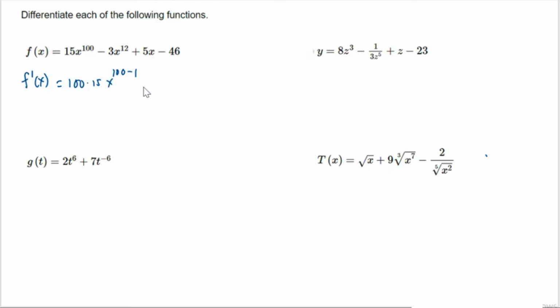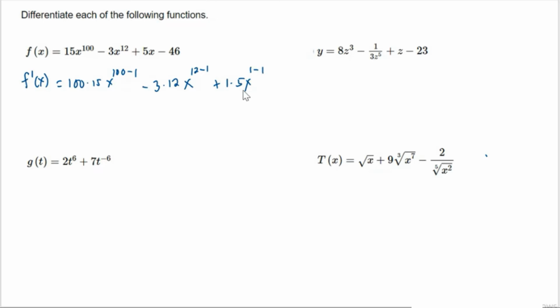Now on the second term, I have negative 3 times the exponent 12, x to the power of 12 minus 1, plus, since the exponent of 5x is 1, I will write here 1 times 5 of x raised to 1 minus 1, according to the formula of n minus 1 in the exponent.